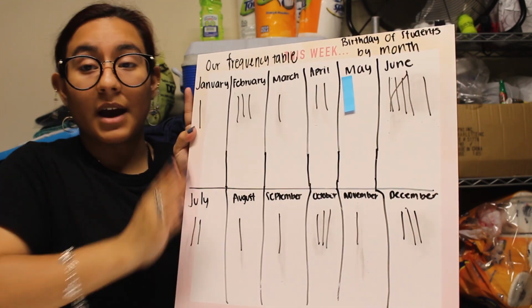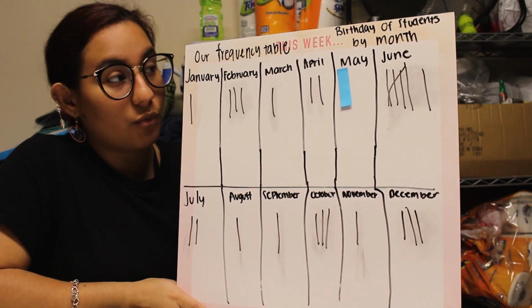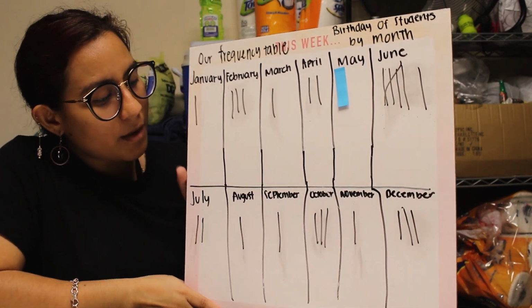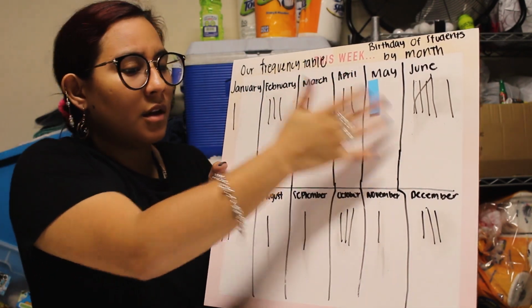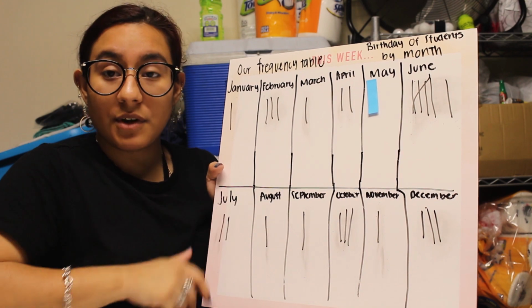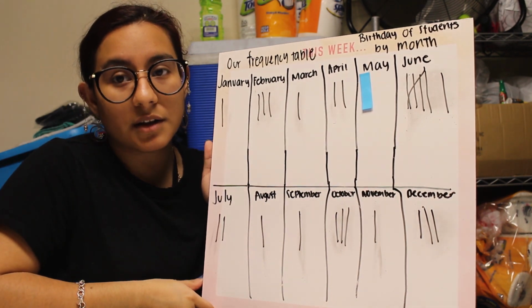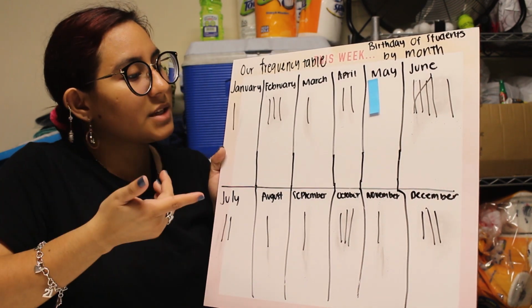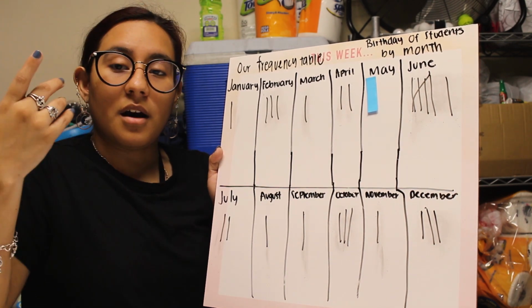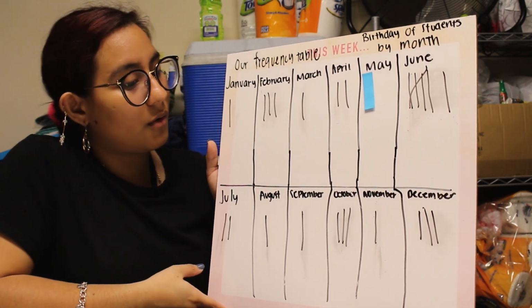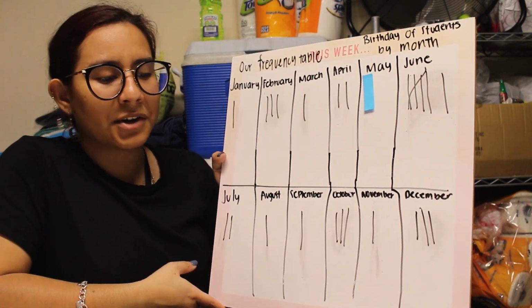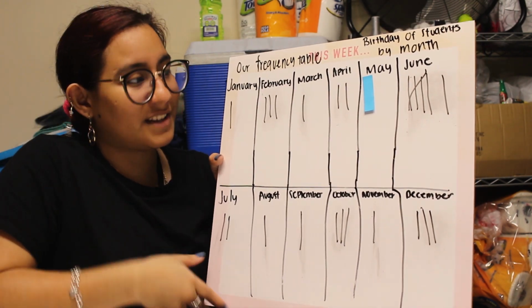From here, I would ask the students, what have we created or what have we done? Most likely they would say they created a table, and I will let them know that it's called a frequency table. A frequency table tells us the number of times an event, category, or group occurs.